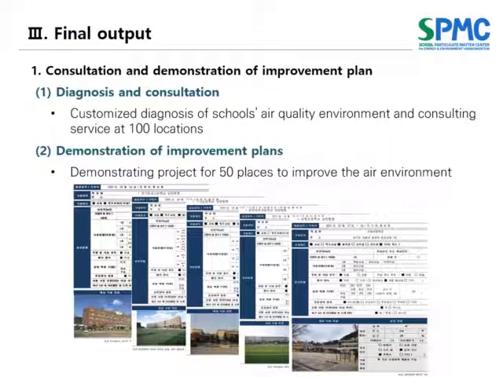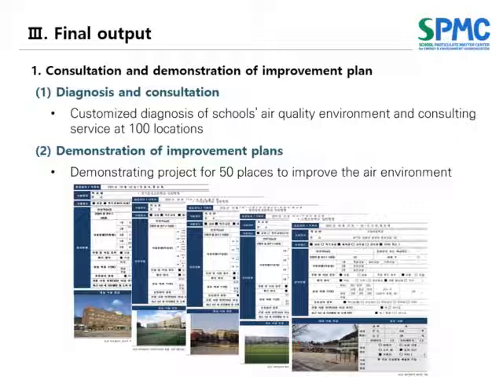So, here are the final outcomes of the study. First of all, we will conduct diagnosis and consulting at 100 locations. For each project, we will provide a brief report on the diagnosis and consulting result. Based on this result, we plan to conduct improvement projects in 50 locations.